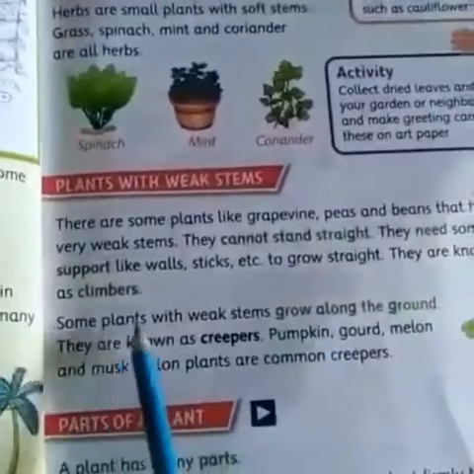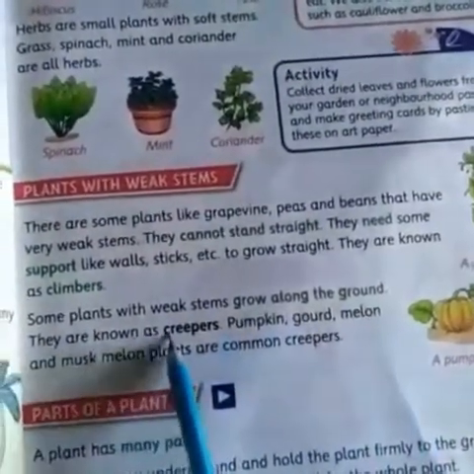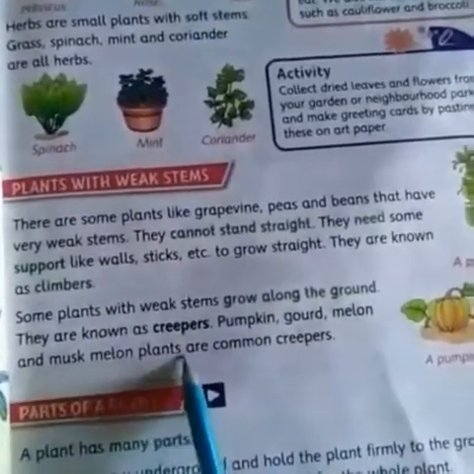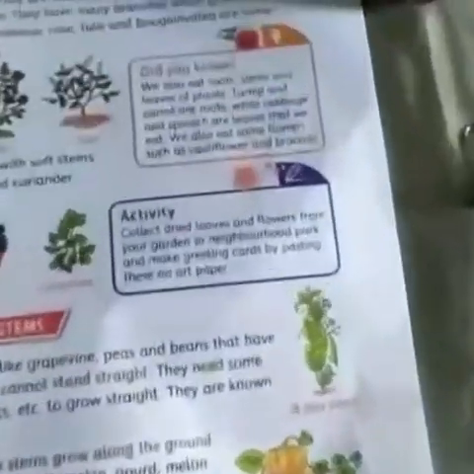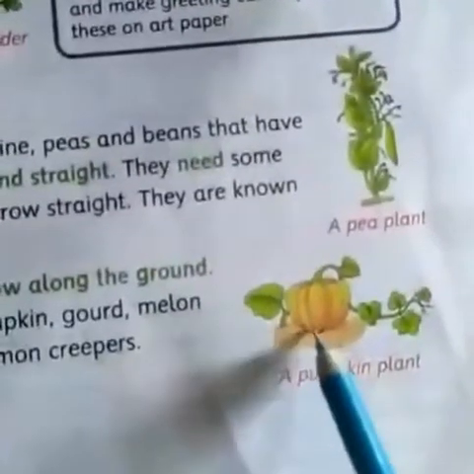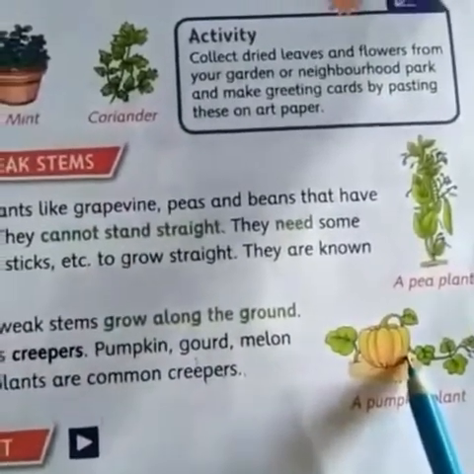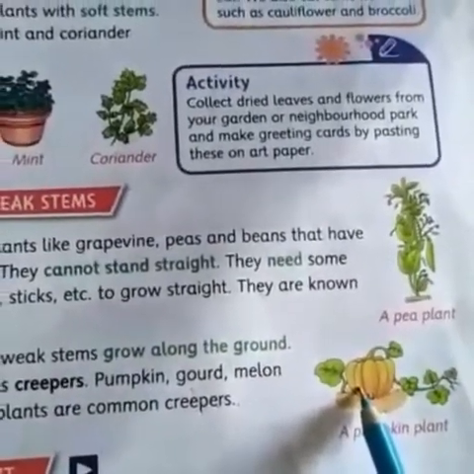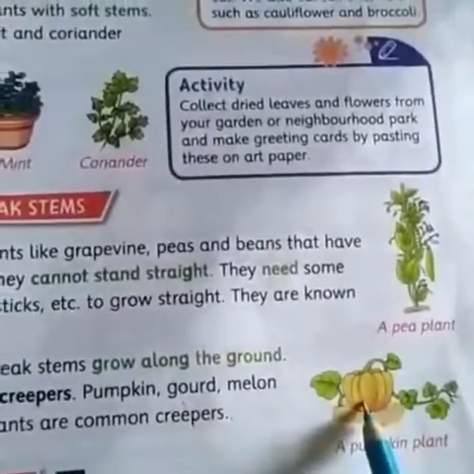Now next, some plants with weak stems grow along the ground. They are known as creepers. Pumpkin, gourd, melon and muskmelon plants are common creepers. Creepers, you can see here, they creep along the ground. Why they creep along the ground? Because they bear heavy fruit or heavy vegetable, that is heavy in weight, like pumpkin, watermelon.